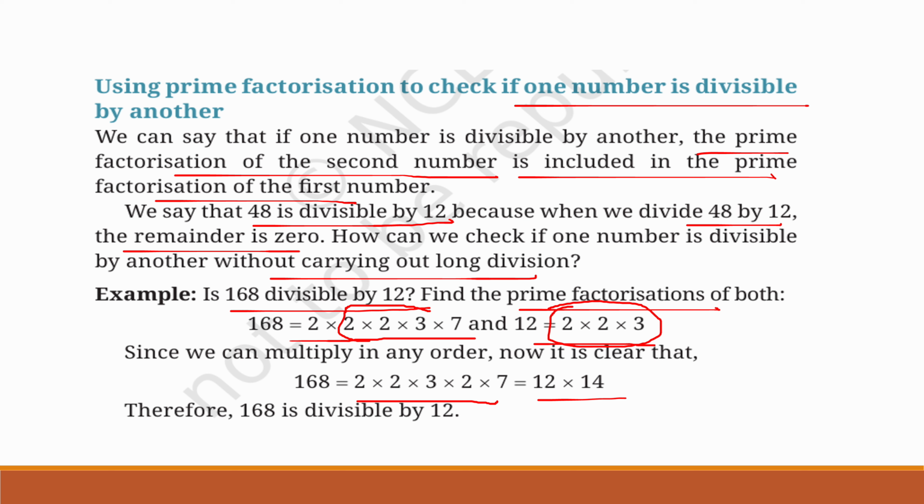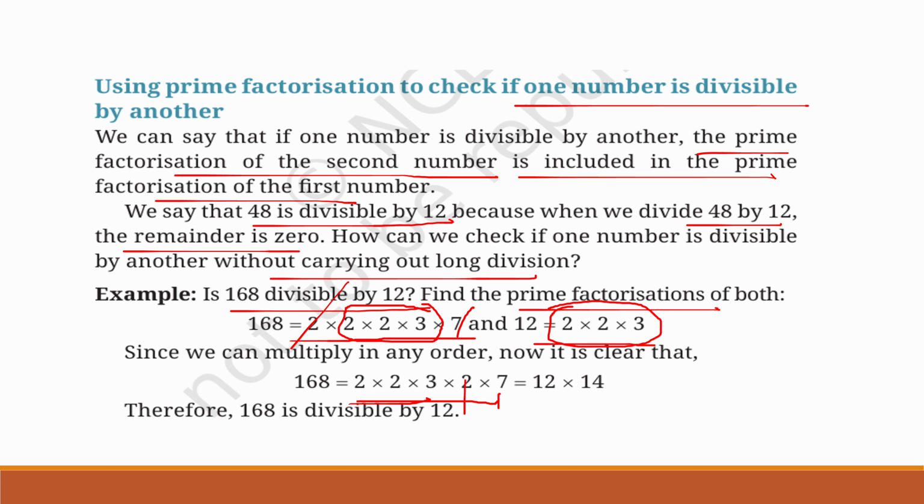See, 2 into 2 into 3. So 168 is divisible by 12. We can write the factors in any order. For convenience, we write 2 into 2 into 3 first and then 2 into 7. That is, 2 into 2 into 3 is 12, then 7 into 2 is 14.